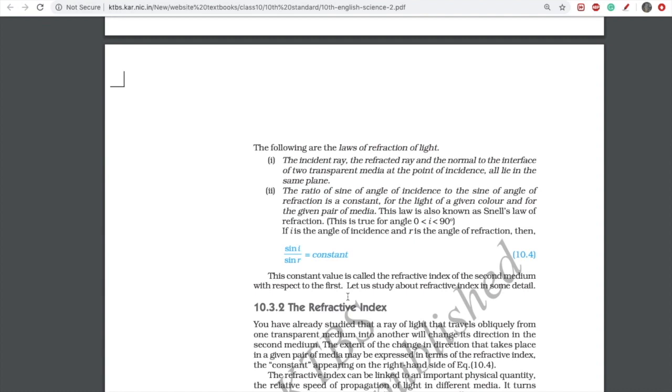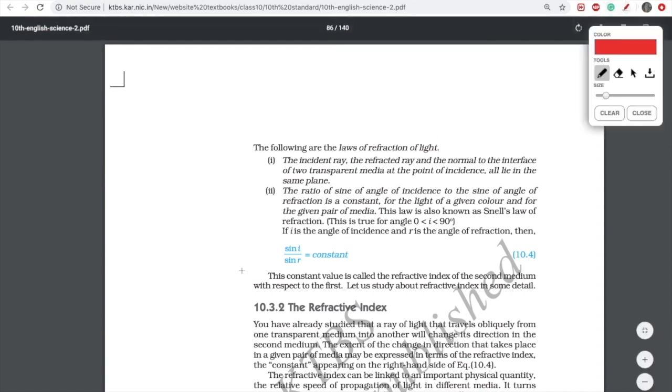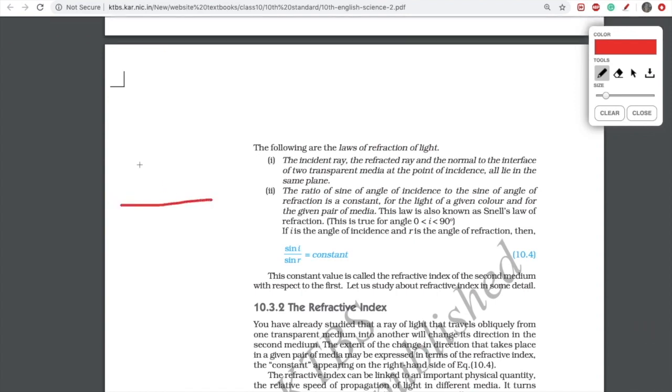Okay, so in reflection it was very easy because reflection did not depend on the medium, but refraction depends on the medium. So if light is going from air to water, it will bend towards the normal.